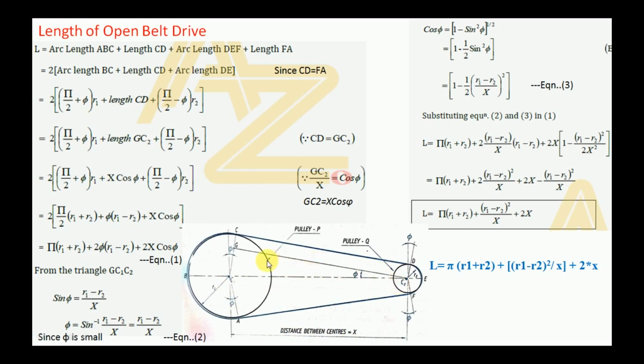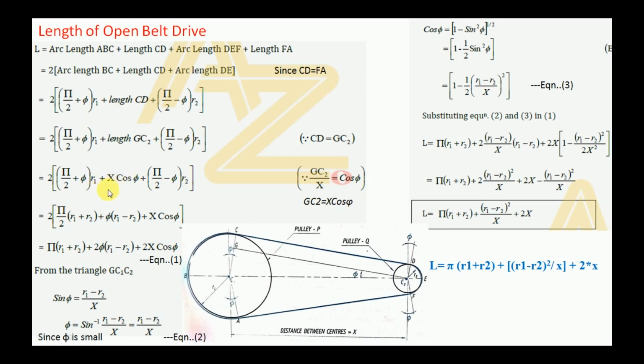Then cos phi equals adjacent by hypotenuse, that is GC2 by x equals cos phi. Therefore GC2 equals x cos phi, and that is substituted here.